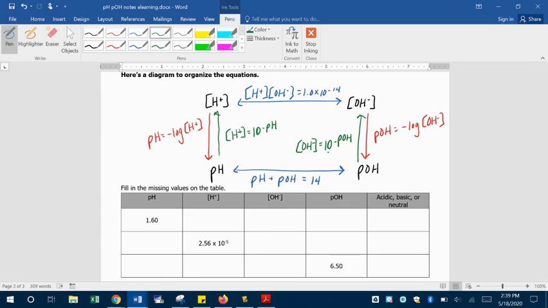For example, on our table here, if I'm given the pH is 1.60, to find the pOH, I'm going to use my favorite number first. So I'm going to do 14 minus 1.6, and I get 12.4.